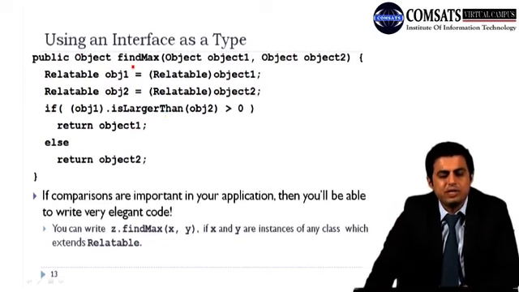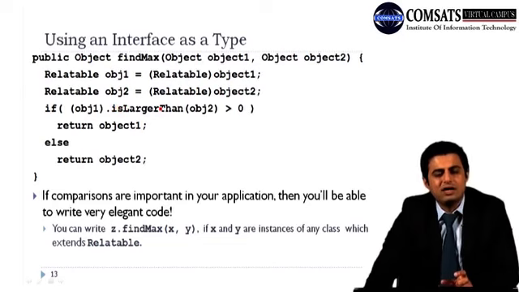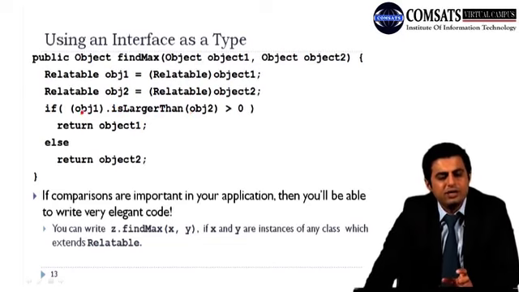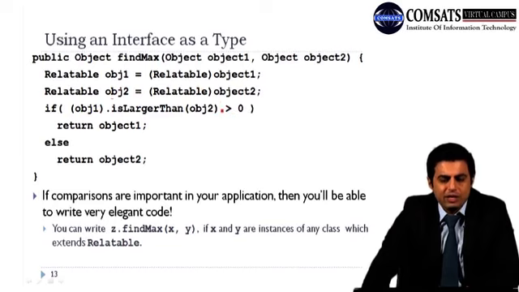So you are calling that method, which has been implemented in the implementing class, through this Relatable object 1. Once you call it, you can use a logical operand here, which is greater than, and if it is greater, then object 1 will be returned. If it's not, then object 2 will be returned.